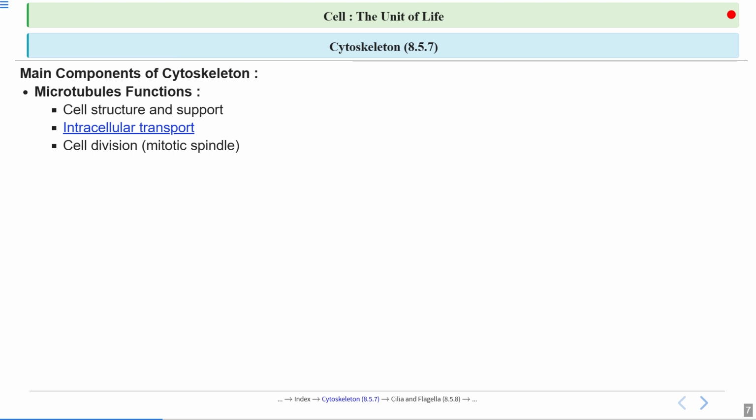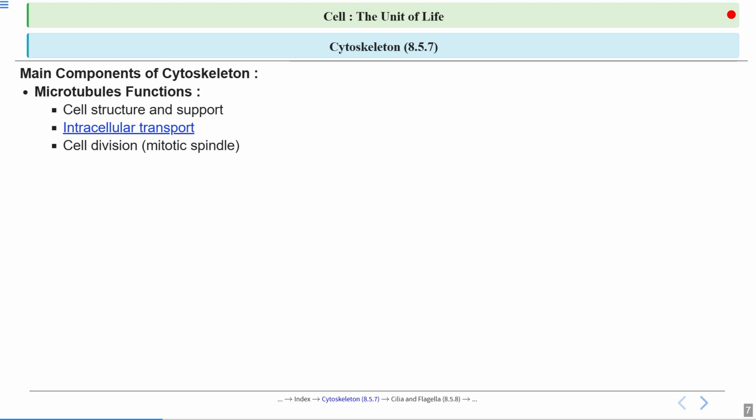What is the function of the spindle fibers? These spindle fibers are crucial for separating the chromosomes into daughter cells. If the spindles are not formed, then the chromosomes will not separate. This can lead to disorders, and can lead to polyploidy also.